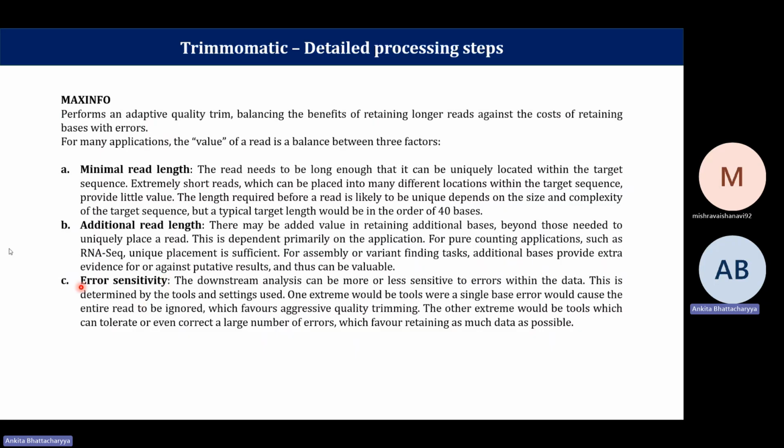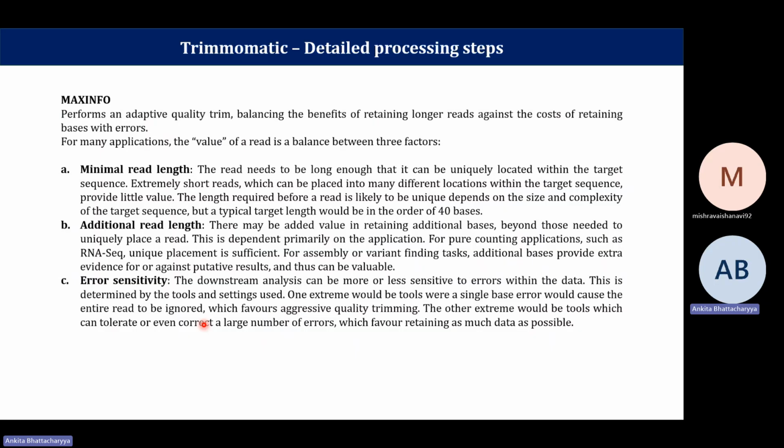Now, somebody might ask why you would even want to do the second one? One reason is that if the data set you are studying is very mutation prone, very variant prone, then under those circumstances, getting rid of any data which differs from your original reference genome might actually end up compromising your experiment.